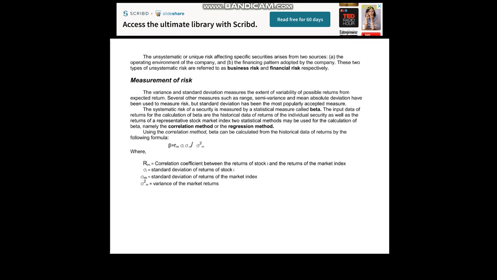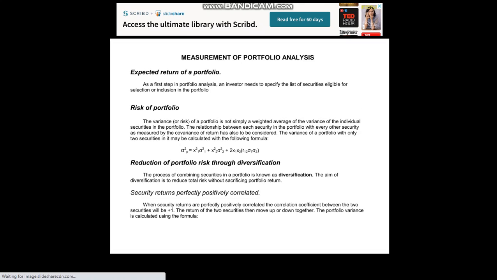Using the correlation method, beta can be calculated from the historical data of returns by the following formula: beta equals r times sigma i divided by sigma m, where r equals correlation coefficient between the returns of stock i and the returns of the market index, sigma i equals standard deviation of returns of stock i, sigma m equals standard deviation of returns of the market index, and sigma m squared equals variance of the market returns.